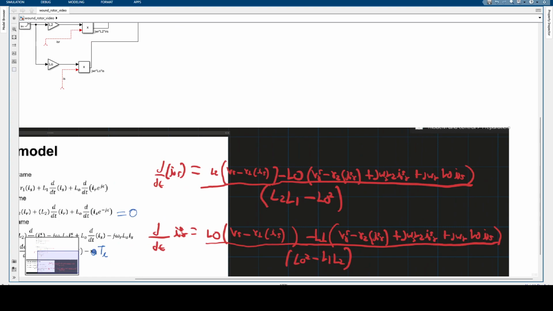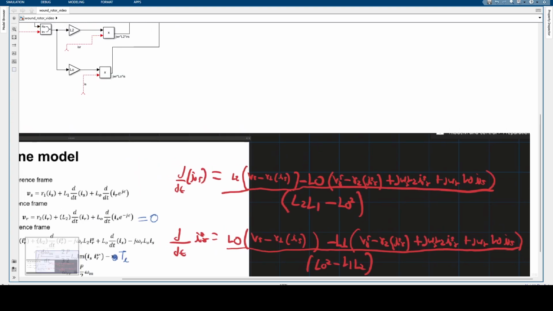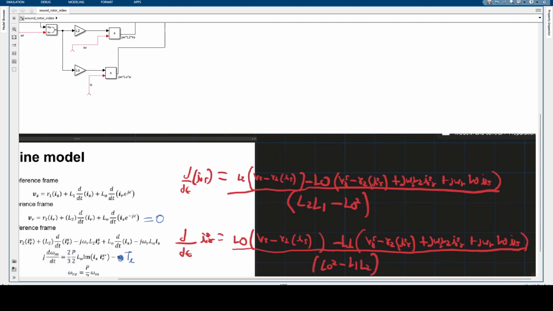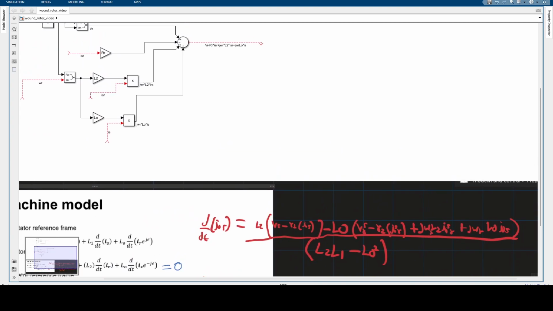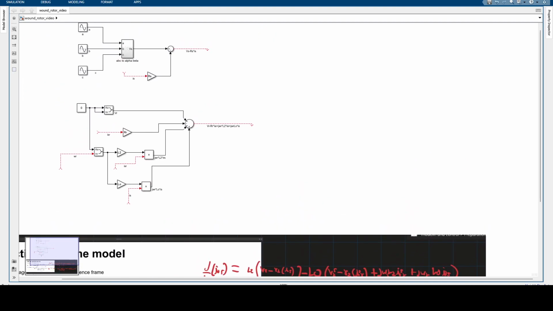Now we can say that we have all the big terms. So if we want to get IS, we are going to have to multiply this one times R2. So this one times R2. So gain L2, multiply here.